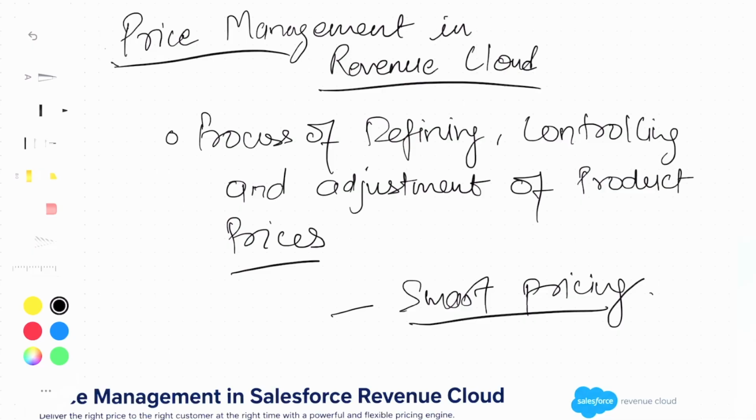Automatically, the prices of the product will be calculated, and this is where Revenue Cloud helps us. In Revenue Cloud we do smart pricing so that product prices are calculated smartly, and the sales user does not have to worry about what the price of that product will be.